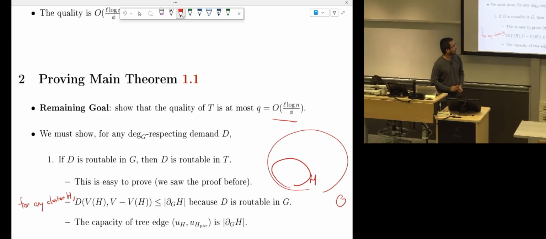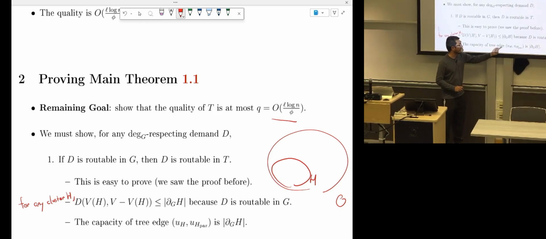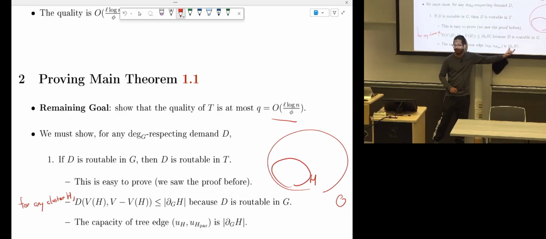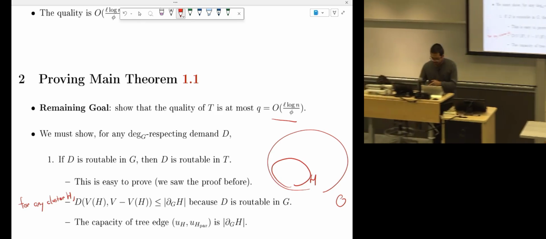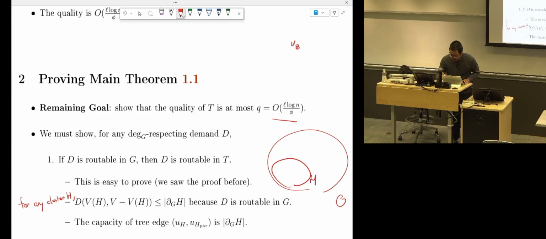But we also know that the capacity of the tree edge corresponding to the node of the cluster H, to its parent, we set the capacity to be this much too. So we have this graph, then we have the tree where the tree node U_H has the leaves V of H in its subtree.